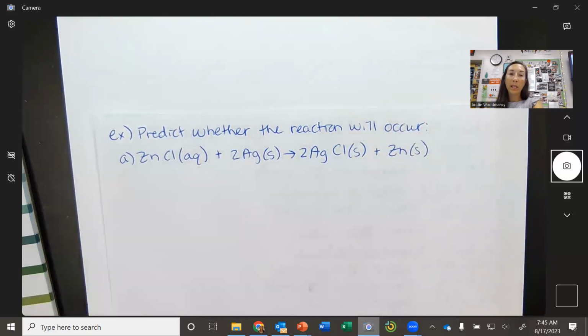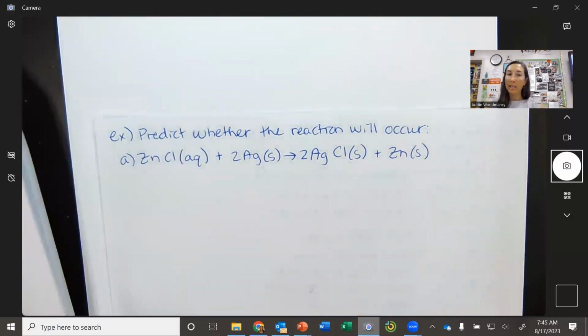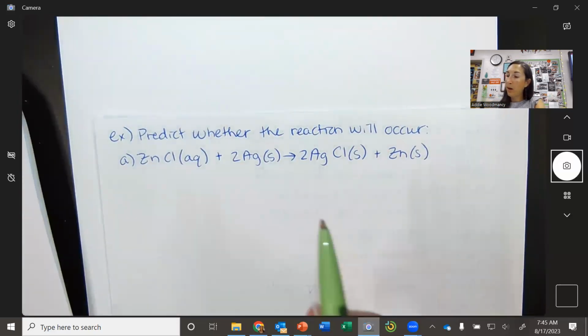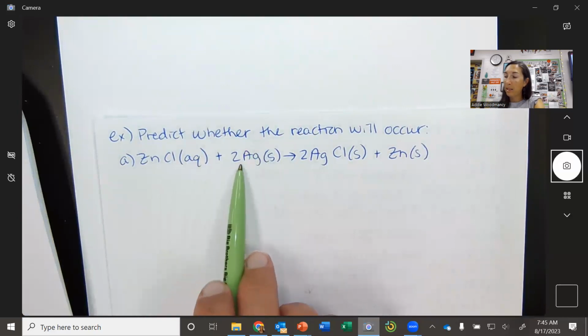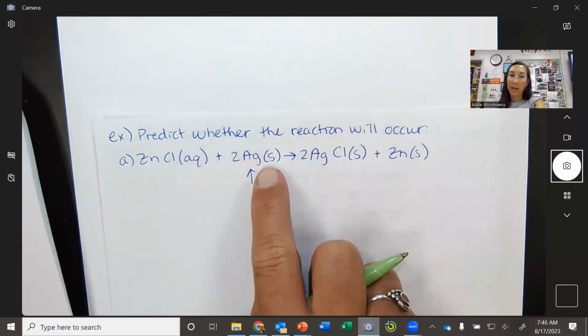Right, so we're going to use the activity series to figure out whether or not this reaction will occur. Looking at your data booklet, we need to find the element that's by itself, which is here, silver. It's not in a bond.